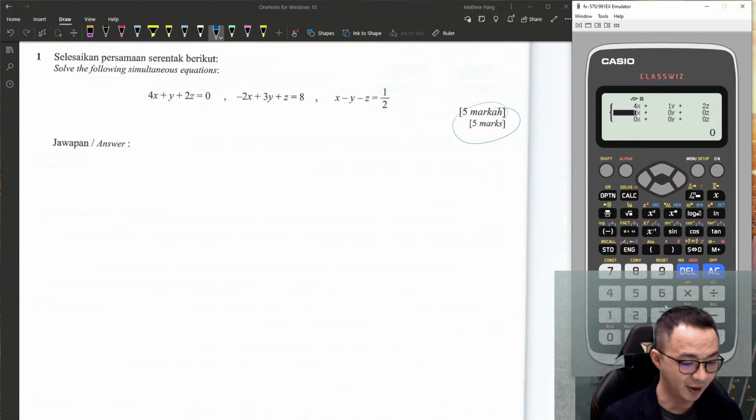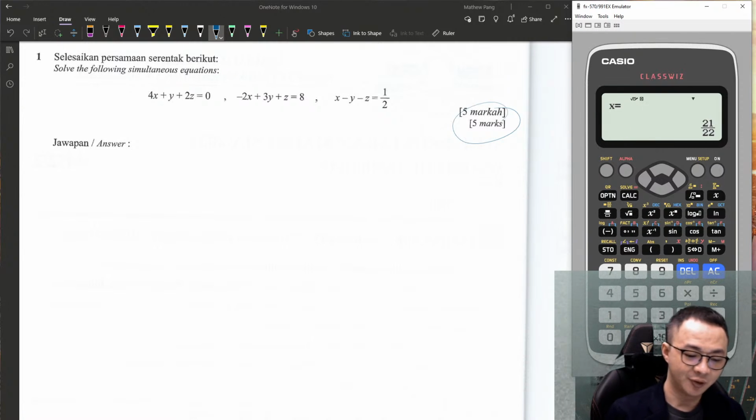Okay, then we go to here, this is -2, this is 3, this is 1, equals to 8. Then next again, this one is 1, y is -1, z is -1, the answer is 1/2.